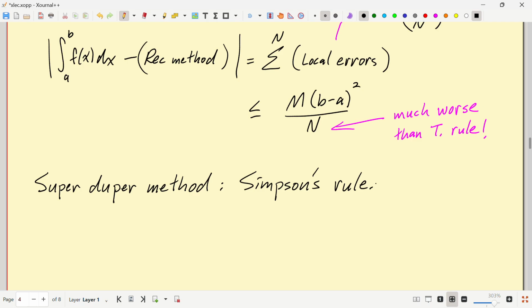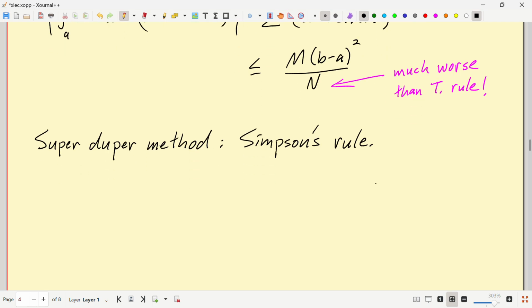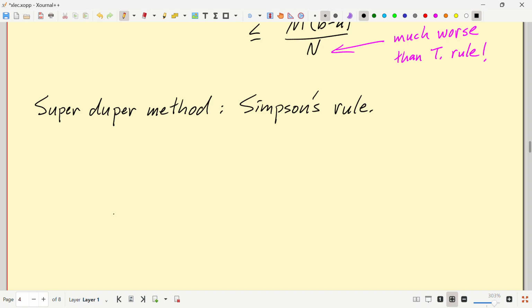And there, you partition the interval into an even number of intervals.